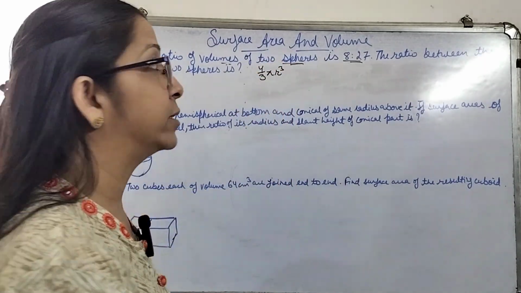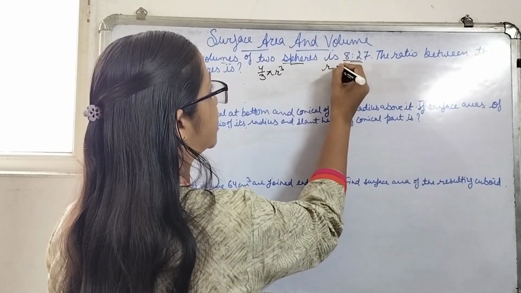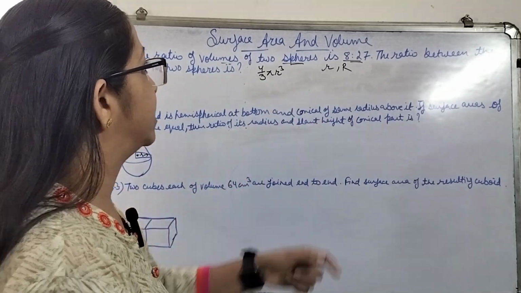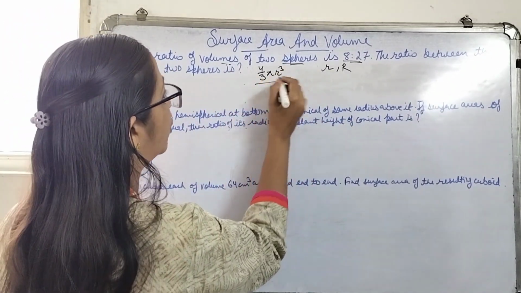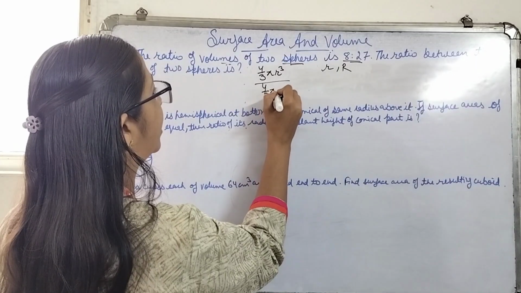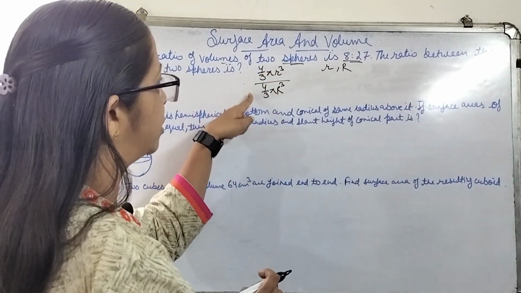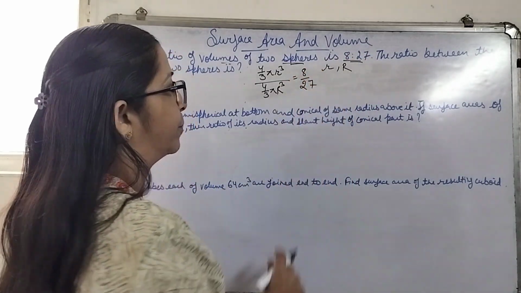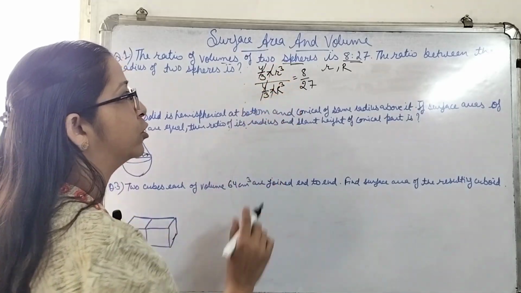Assume one sphere has radius small r and another has radius capital R. That means the ratio of 4/3 pi r cube over 4/3 pi capital R cube is given to us as 8/27. Now if we solve it, 4/3 could be cancelled, pi could be cancelled.